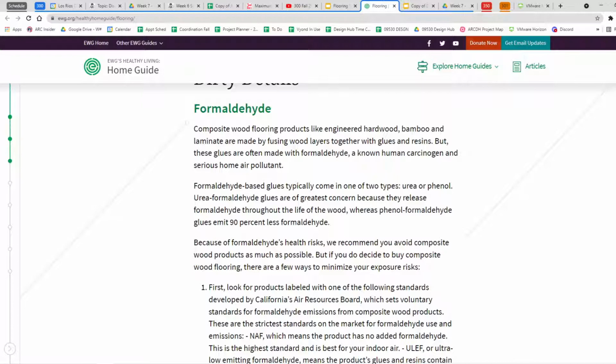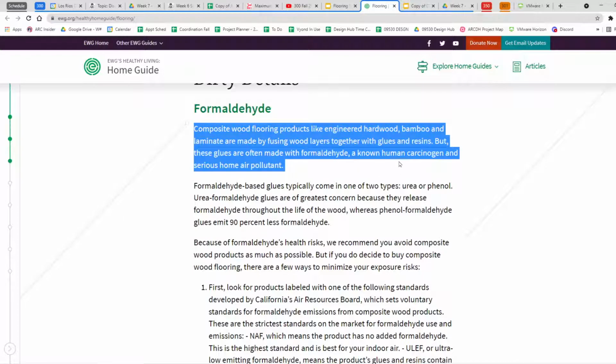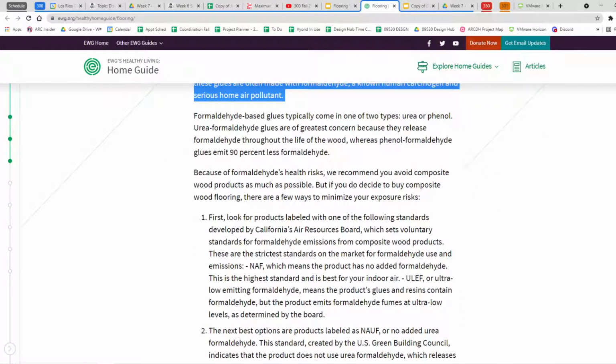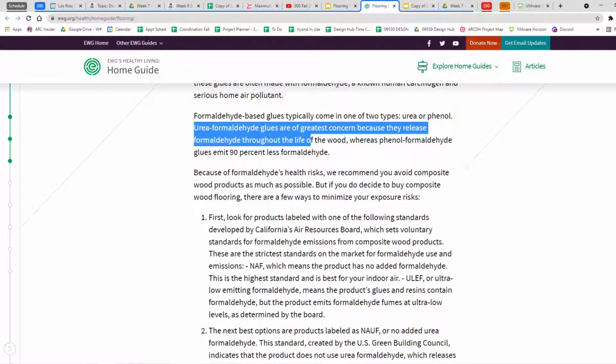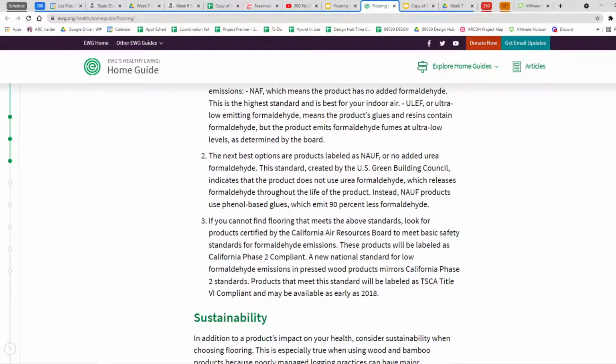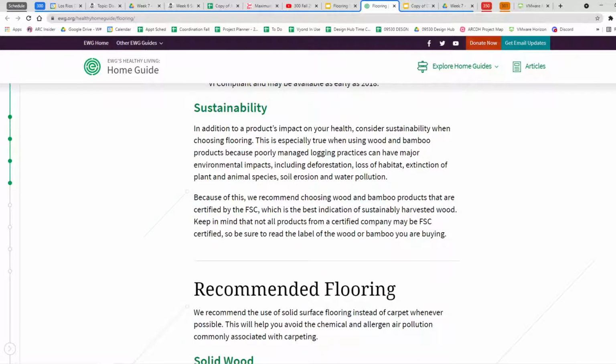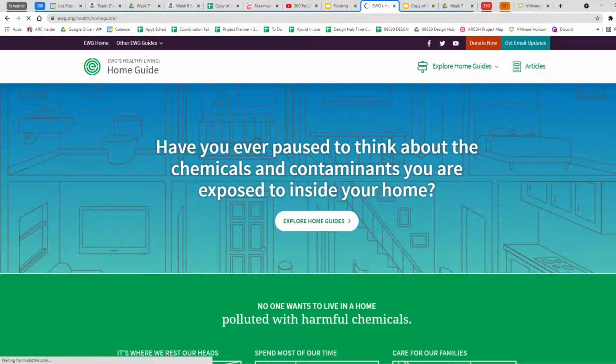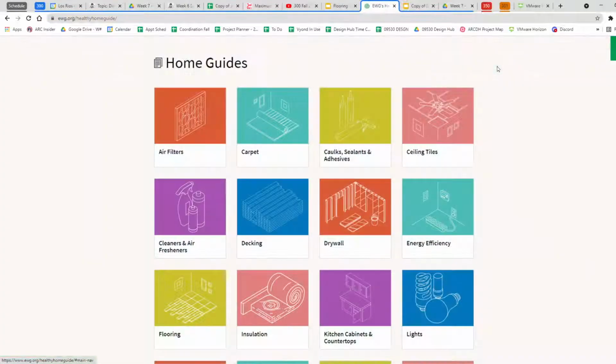Look at all these things fused together using glues and resins from formaldehyde. Phenyl formaldehyde is pretty bad. It says the urea formaldehyde is the worst. Sustainability, recommended floorings, blah, blah, blah. So we don't really get to know.